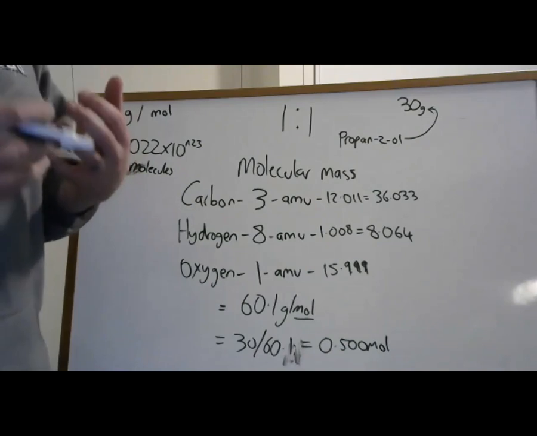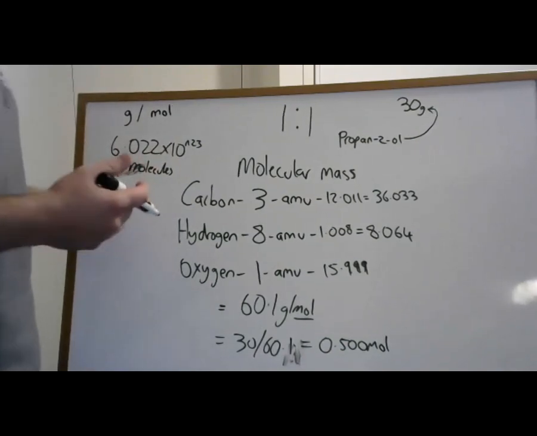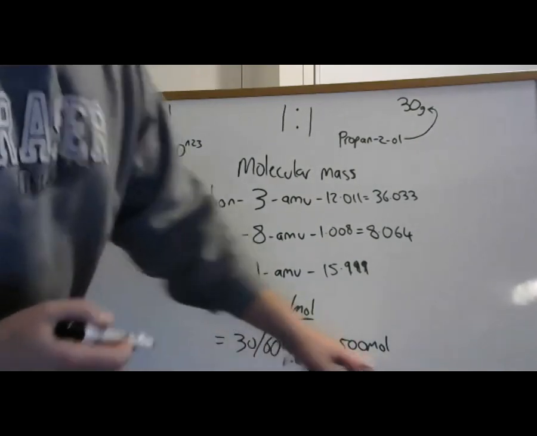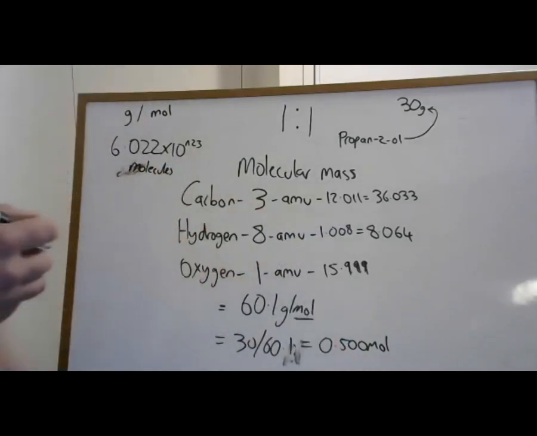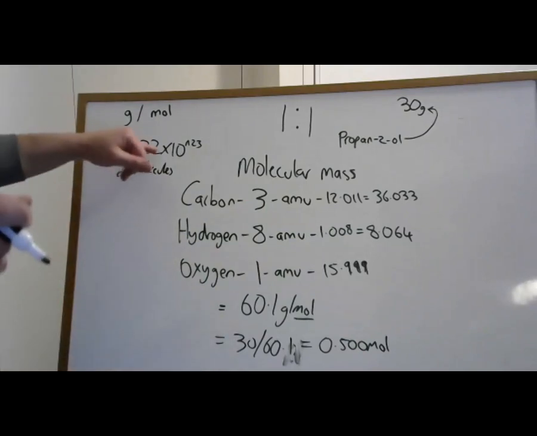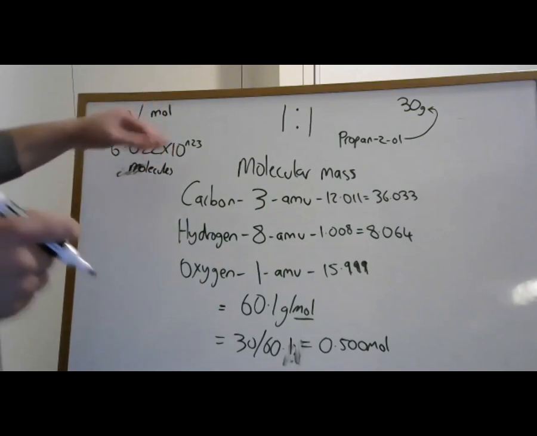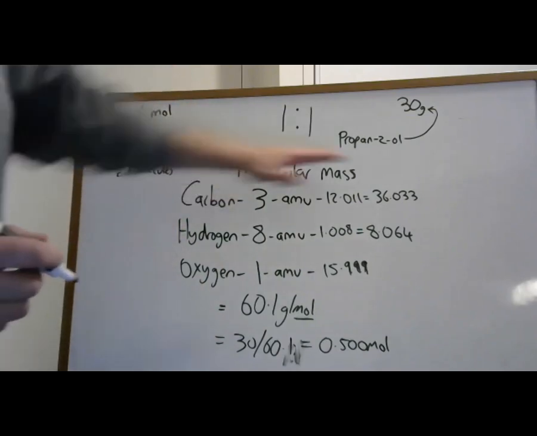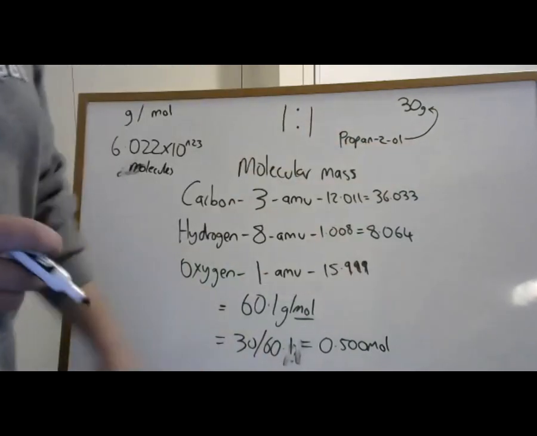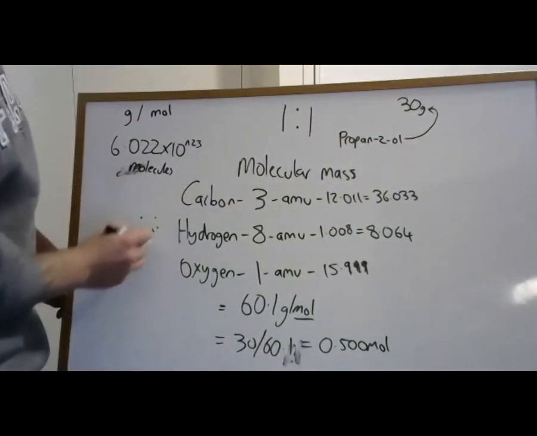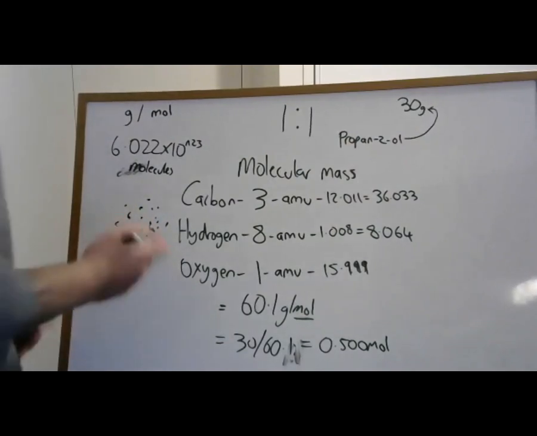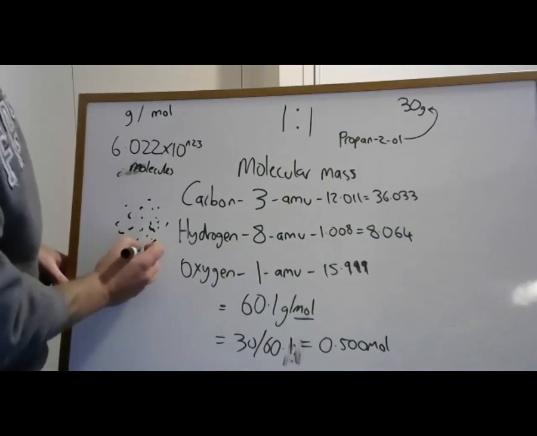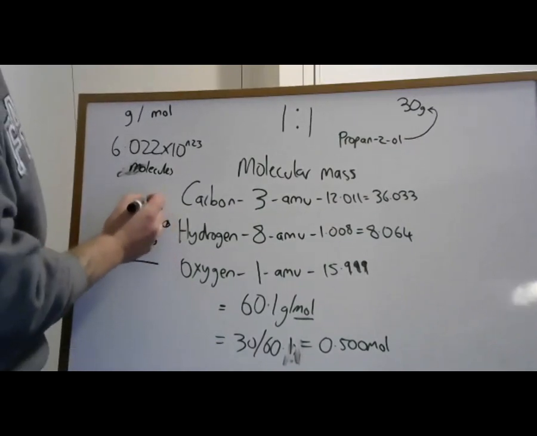That is just how much it weighs. Moles is how many of them there are. That sounds very challenging. So we started with 6.022 times 10 to the power of 23 times 0.5 propan-2-ol molecules. So a little individual. We don't want to know how much that weighs. We want to know how many individual molecules there are.